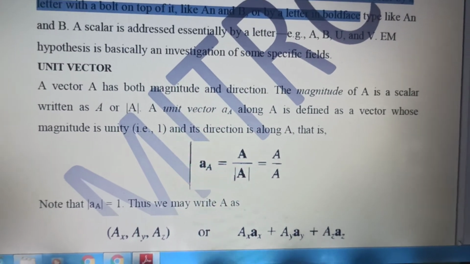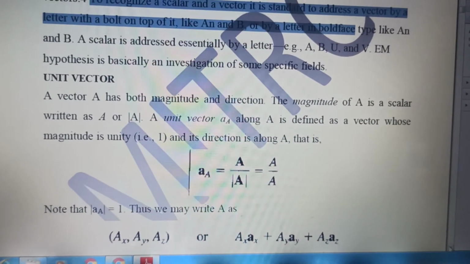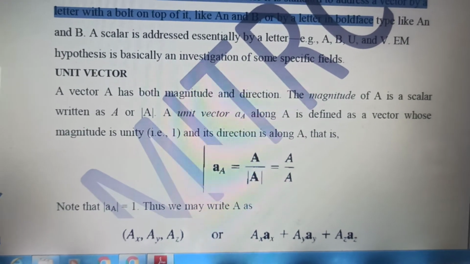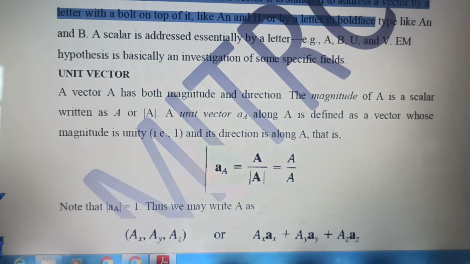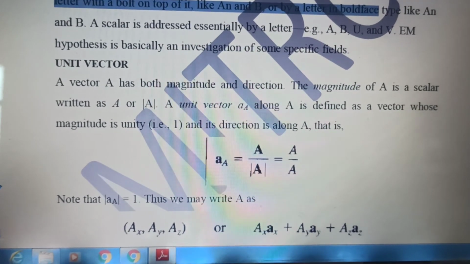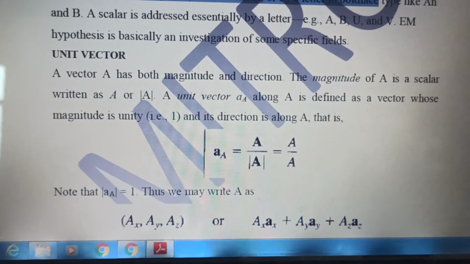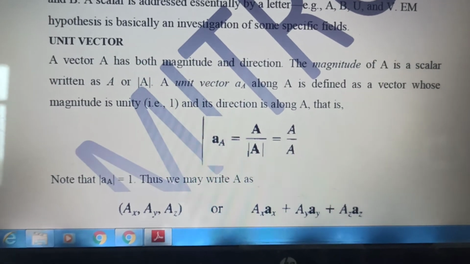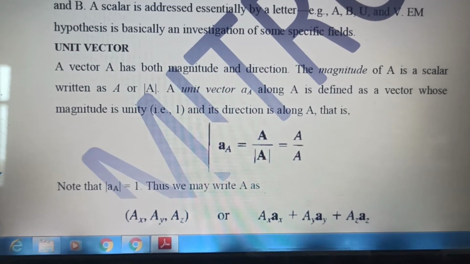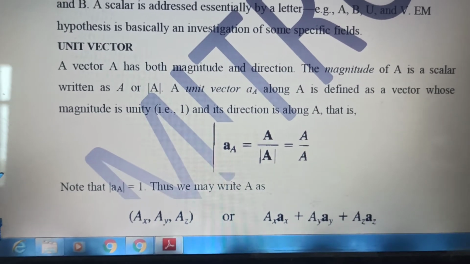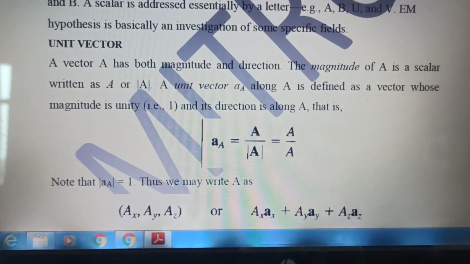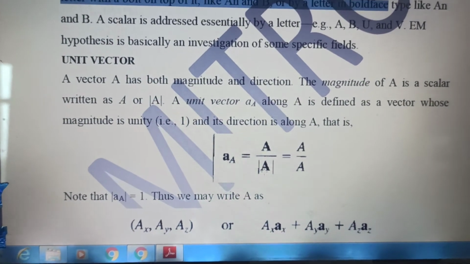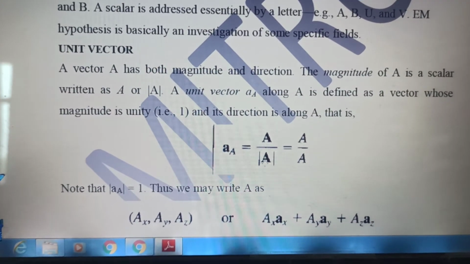The magnitude of a vector is basically a scalar, because it has only a magnitude and no direction. The unit vector of a vector comprising ax, ay, az is given by the vector A itself divided by the mod of A, which comes out to be A cap.